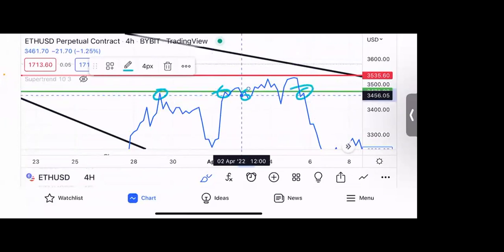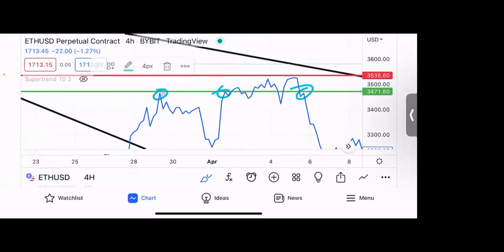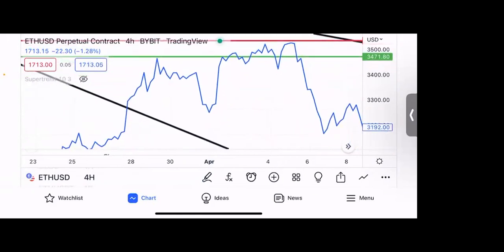Let me go back on that. Did you see an out trade? Perfect.